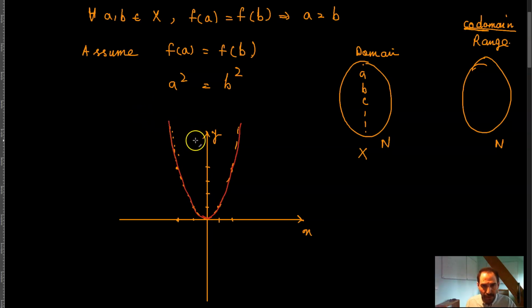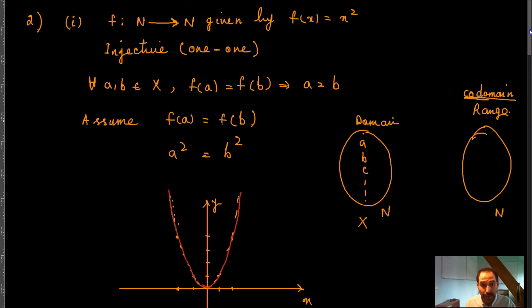Now right now what happens is that since the domain of the function is the set of natural numbers, only this part of this graph is relevant for us, meaning that only this part of this graph is actually a part of our problem.